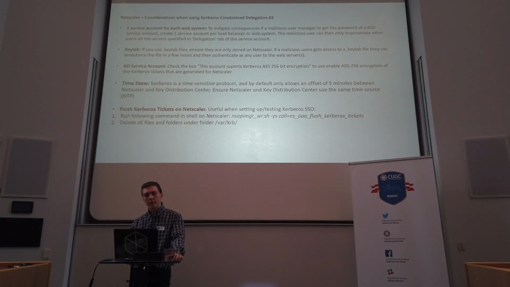And the last part is, when you're configuring and setting this up, Netscaler will cache Kerberos tickets in memory and on disk. So when you make a change on Netscaler, you have to do these two steps in order to get a clean test. Otherwise, it will keep reusing the broken Kerberos ticket, and you won't see any difference.